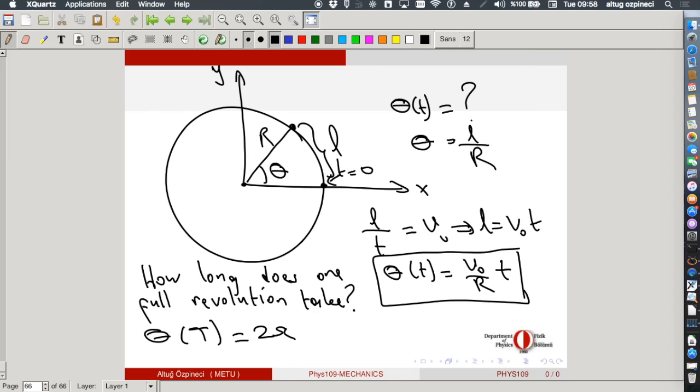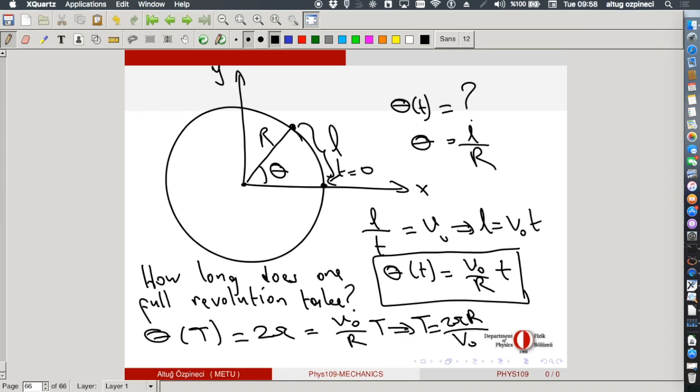So for which value of capital T is this satisfied? Now we already know what theta of t is. We had calculated theta of t in this particular problem. So we just put it over here. This is V0 over R times T. So we can find this T. It is 2 pi R over V0, as your friend has pointed out.